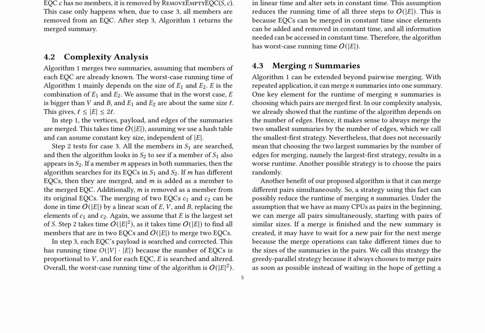The greedy parallel strategy, which chooses to merge pairs as soon as possible, can potentially reduce the runtime of merging n summaries by leveraging multiple CPUs to merge pairs simultaneously, starting with pairs of similar sizes. This makes the algorithm suitable for large-scale graph summarization tasks, providing a scalable solution for merging multiple graph summaries and enabling efficient analysis and processing of large graph data.